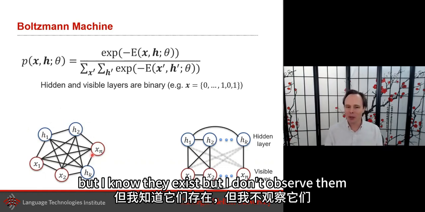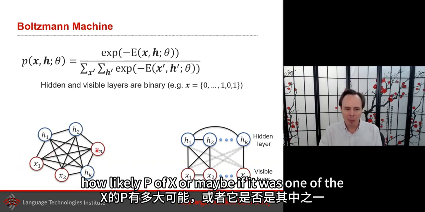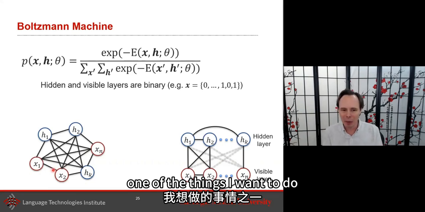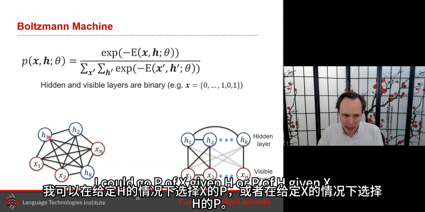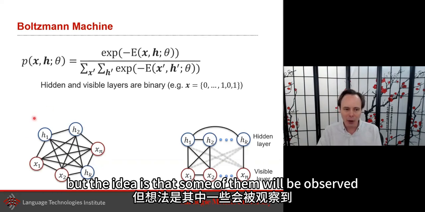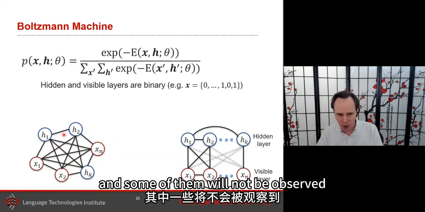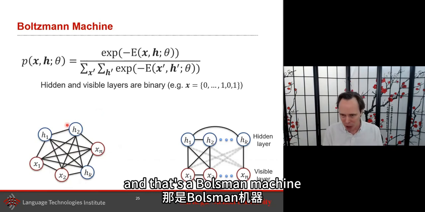And I want to know how likely P of X is. Or, depending on what I want to do, I could go P of X given H, or P of H given X, or I could just go P of X and H. But the idea is that some of them will be observed, and some of them will not be observed. And that's the Boltzmann machine.